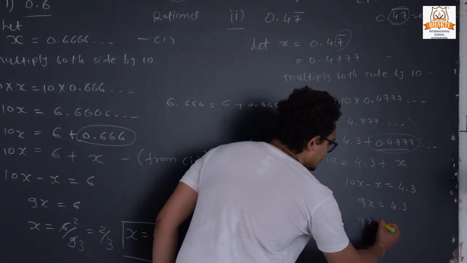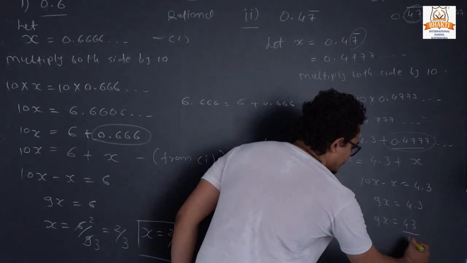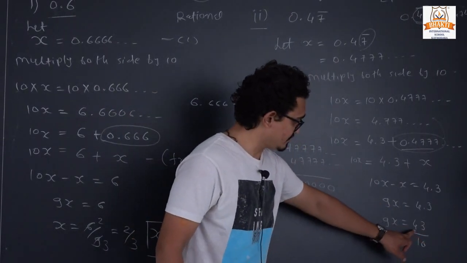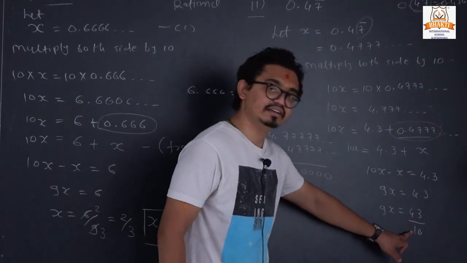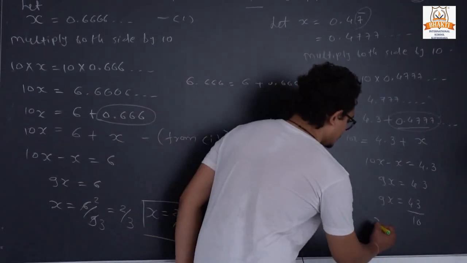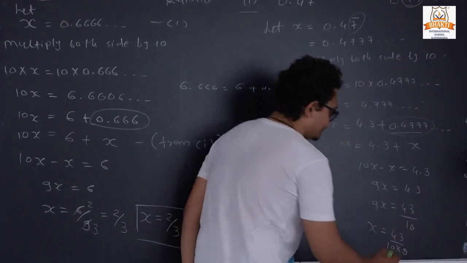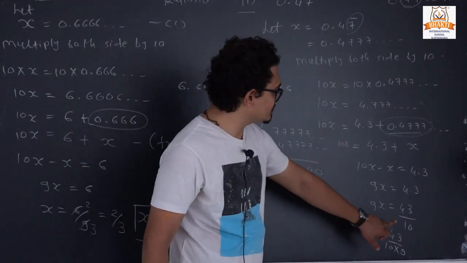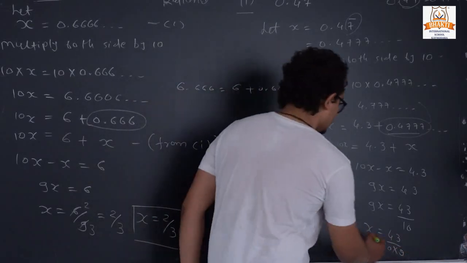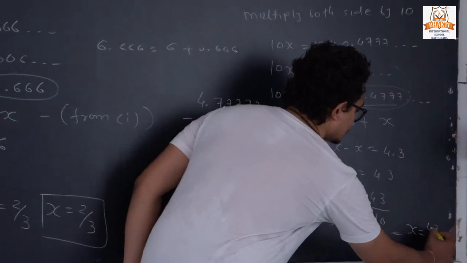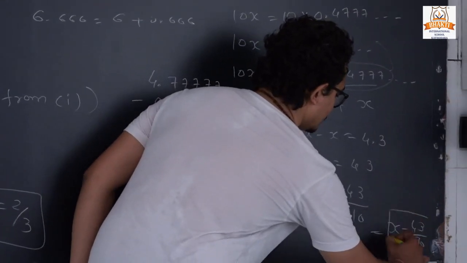Now 9x is equal to 43 upon 10, because to remove the decimal point we divide by 10. So x is equal to 43 over 10 into 9, because that 9 goes to the other side. So its value is x is equal to 43 upon 90.